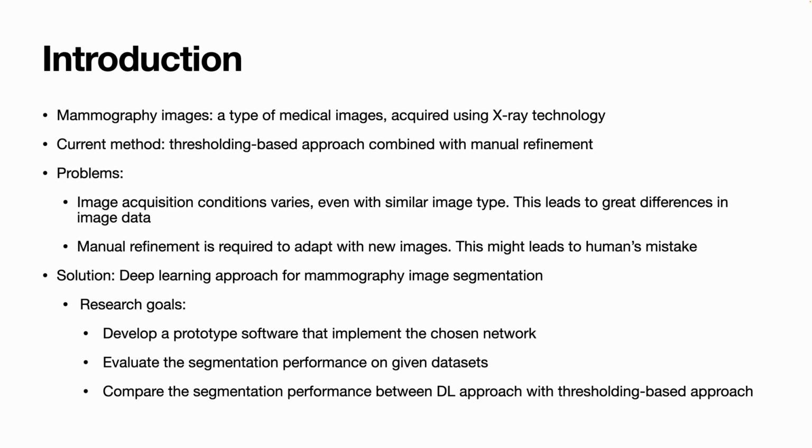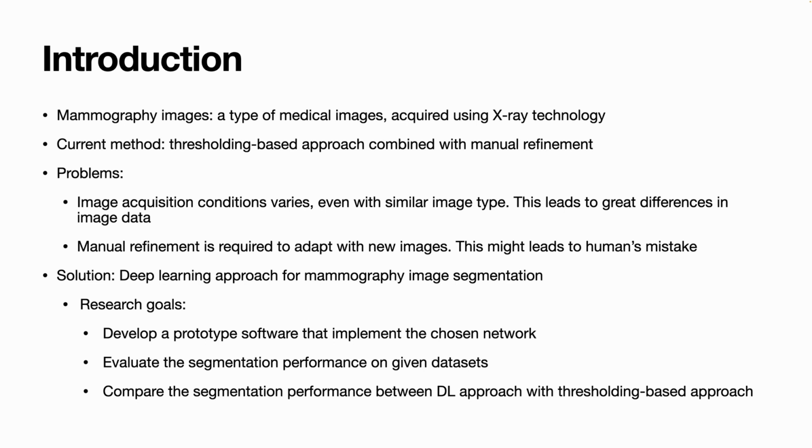However, there are two main problems with the current method. First, despite the images being similar within the same image type, the acquisition conditions vary. This leads to great differences in output images, meaning the same threshold values might not work for new images.